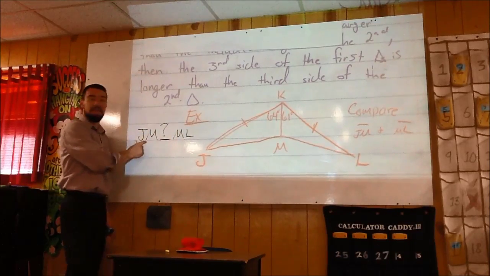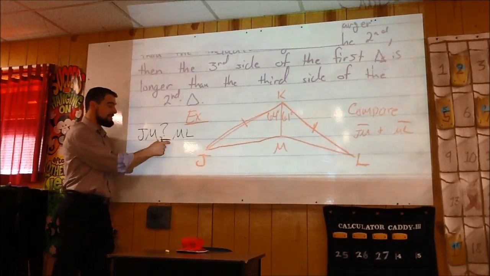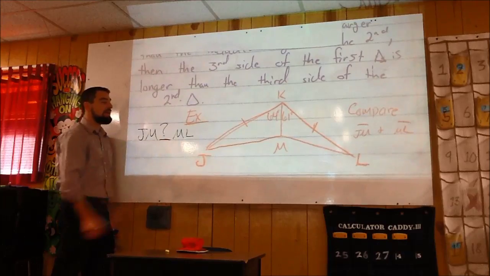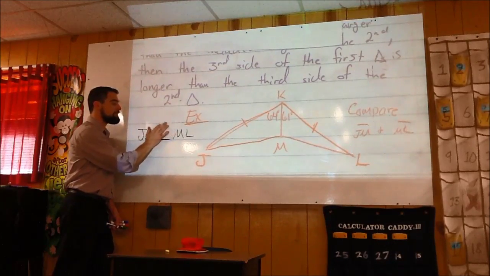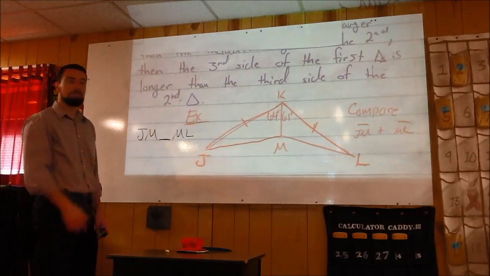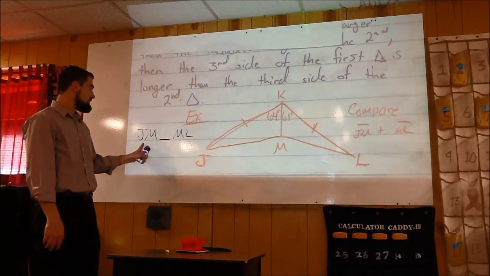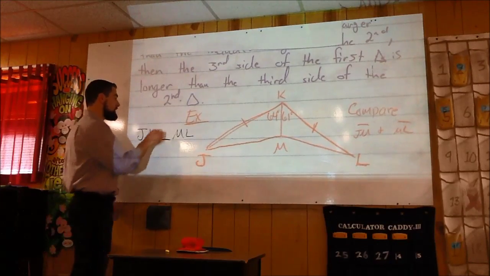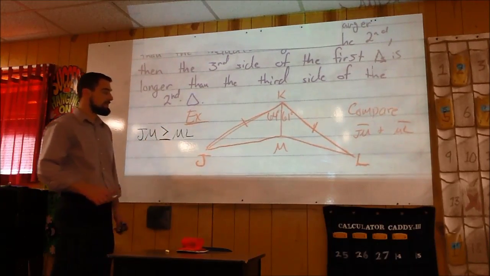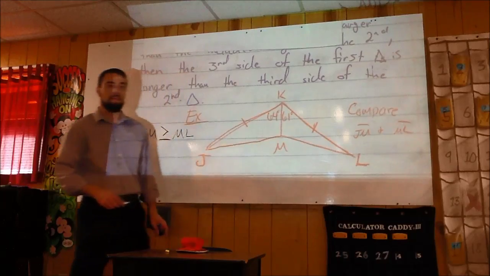So the length of segment JM, how does that compare to the length of segment ML? What's going to go in between them? The length of segment JM is greater than. How do you know that the length of segment JM is greater than the length of segment ML?